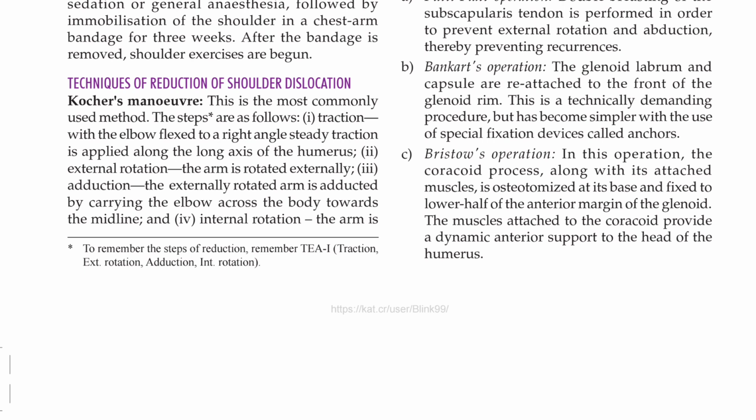The muscle attached to coracoid provides a dynamic anterior support to the head of the humerus.